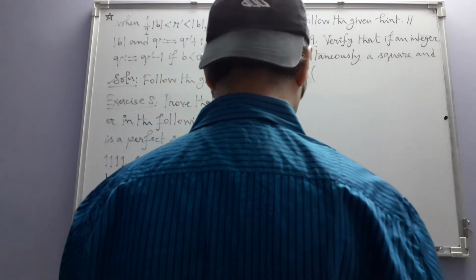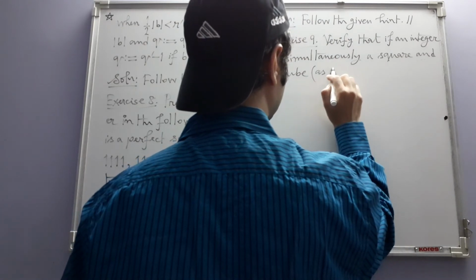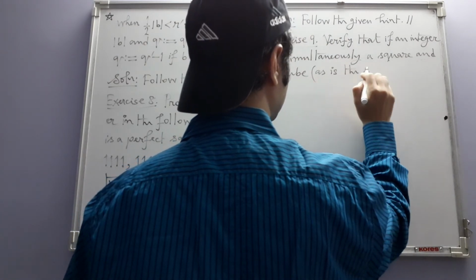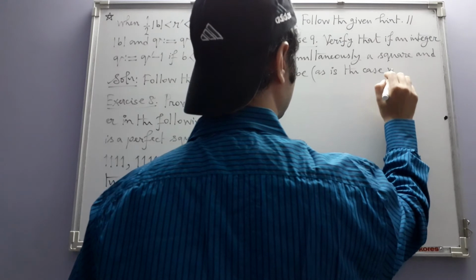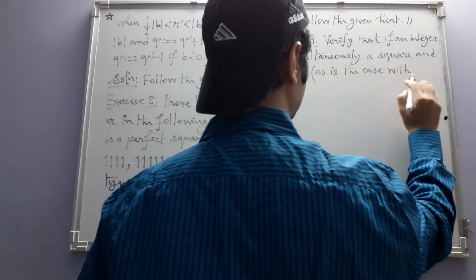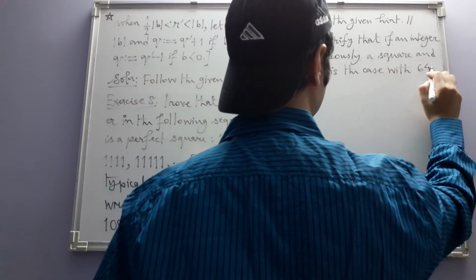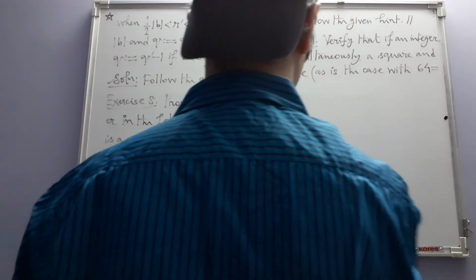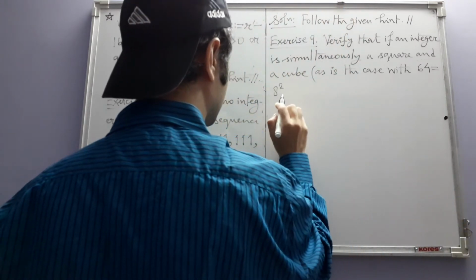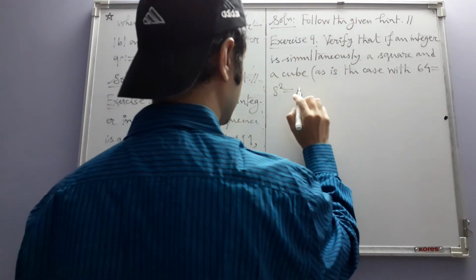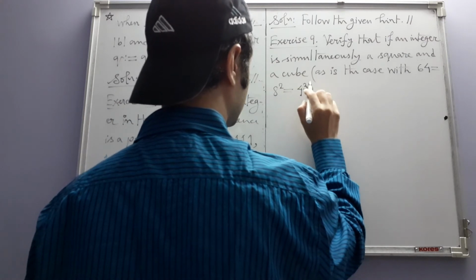as is the case with 64, which is 8 squared, but at the same time it's also 4 cubed.